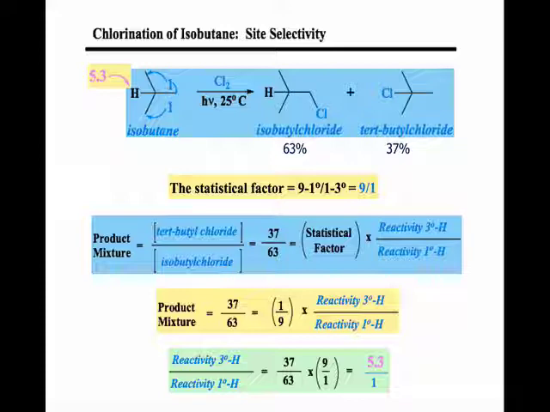So we know now that a tertiary hydrogen is about 5 times more reactive than a primary hydrogen in a free radical chlorination. Are these numbers going to be identical for bromination? No. Bromine is going to have different relative reactivities. Okay? And so we'd have to go through and calculate those.